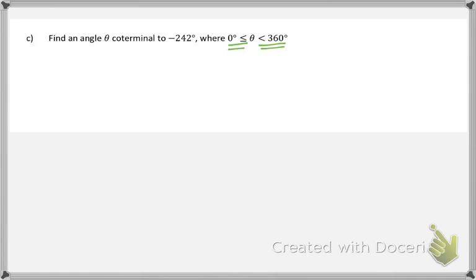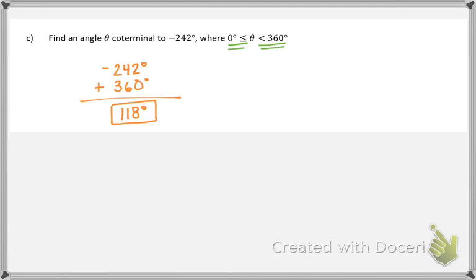So if I start with negative 242 degrees and I go around in one full circle, that would land me at exactly the same spot one rotation later. And that's going to give me 118 degrees positive. So this is a coterminal angle to negative 242 degrees, and it is between 0 and 360 degrees.